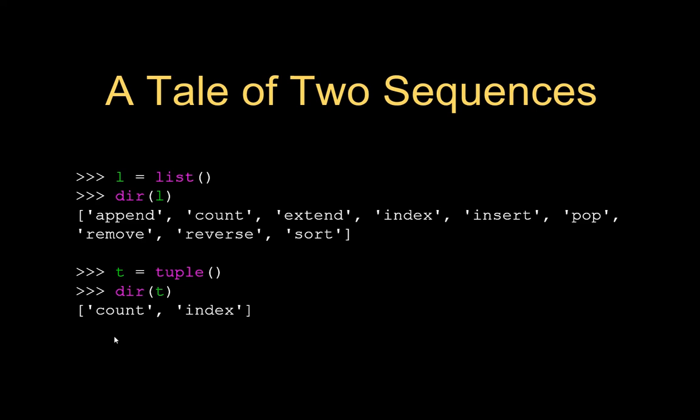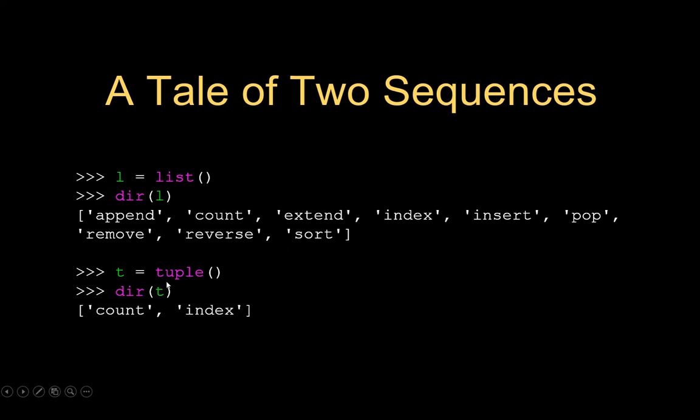Okay, so here again we call the functions to identify what functions each list and tuple can have. Here we create a list, assign it to variable L. We do the method dir, and we get, for example, append, count, extend, index, insert, pop, remove, reverse, sort.